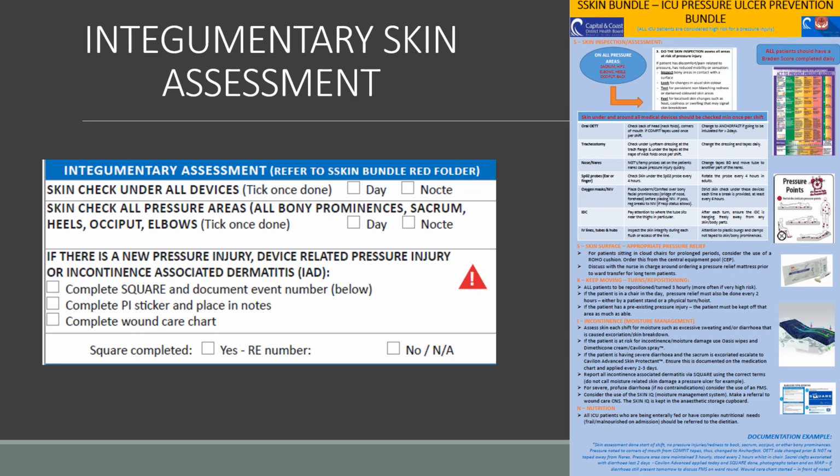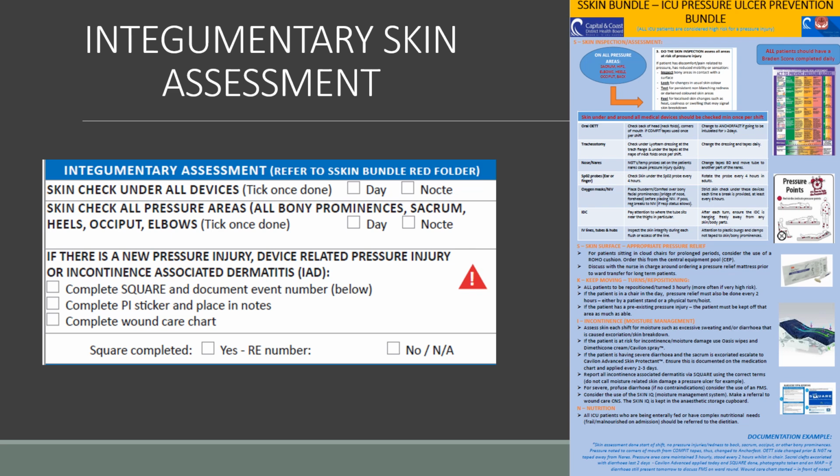They come to us with comorbidities, and we give them medications that are not good for patients' skin, lots of different reasons. And so that's why we have this skin bundle. So please take a look at this. This is in your red folders. This basically documents how we should manage every single patient that comes into our ICU and their skin.